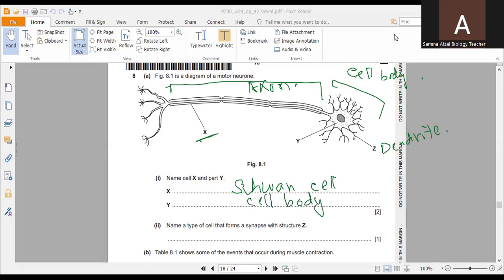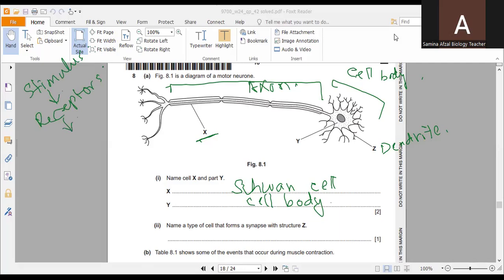Students, the nerve impulse moves like this. First of all, the stimulus is there. A stimulus is a change, and the change is always received by the receptors, which can be the sense organs.